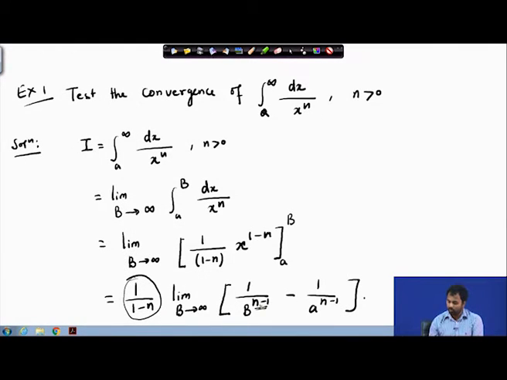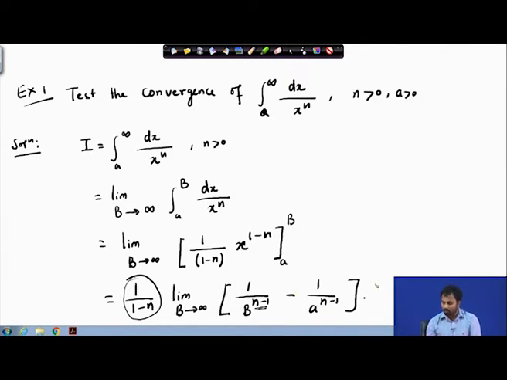Let us check. If n is greater than 1, then this will be 1 by b to the power of something positive, and if b goes to infinity, then this term will go to 0. For the moment, let us assume that a is also any positive number. If a is any positive number and n is positive, then this whole thing would also be finite, and ultimately the limit would exist.